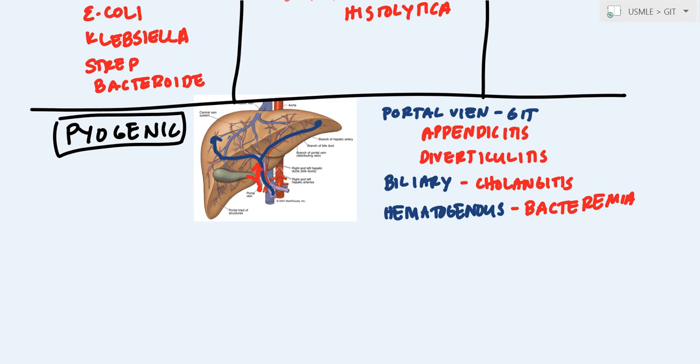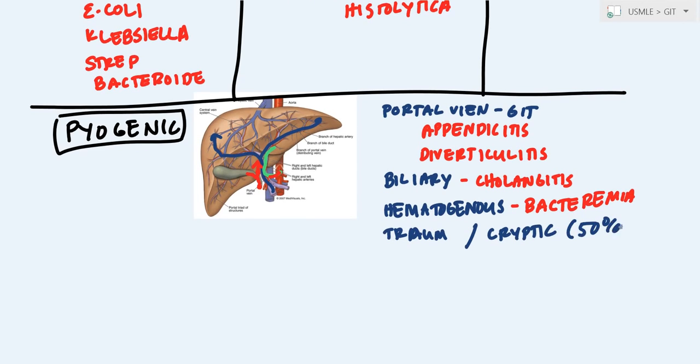And that's going to come from, I'll use a different color, that's going to come from the celiac trunk, and it's going to go up into the liver. Now, of course, you have two other ways. One is going to be trauma, and the other one is going to be pretty much unknown. They call it cryptic, and actually 50% of the time, it's going to be cryptic. So this is the general etiology.